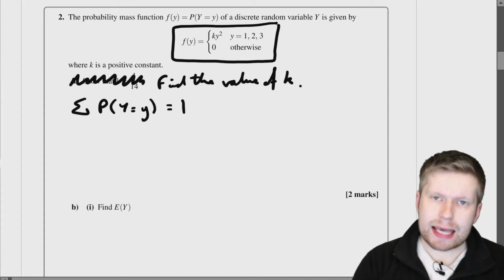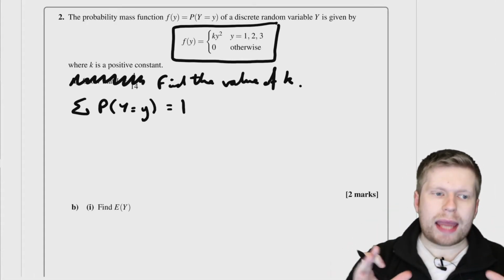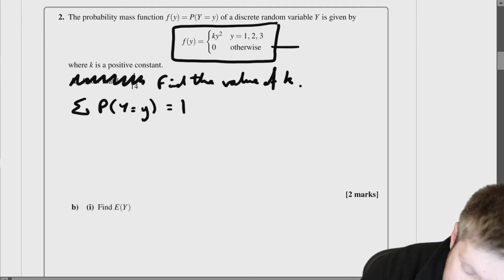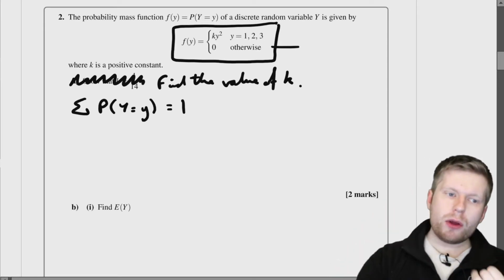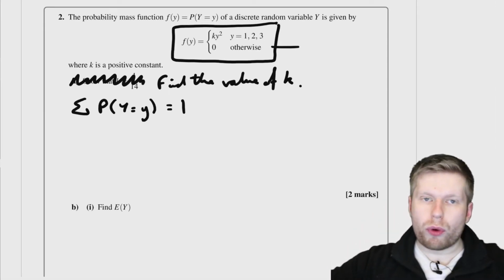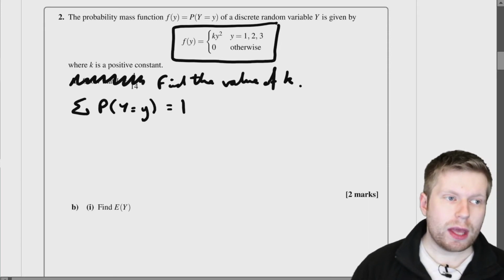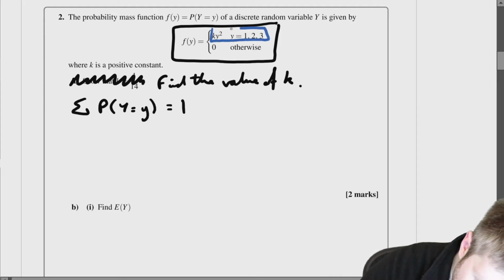Well, all values for y which are not 1, 2, 3 should all be 0. That's what the second line is telling us. The second line literally says, if you have a value of y which is not 1 or 2 or 3, the probability of getting that value must be 0. So the only real values we need to consider are this top line up here.